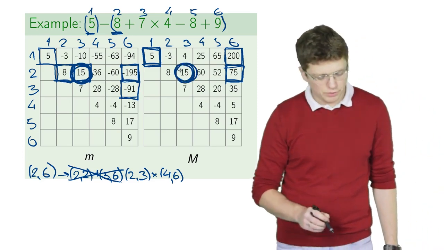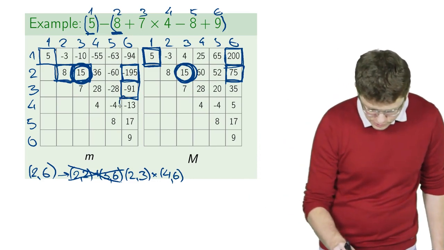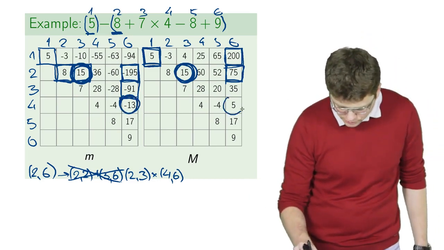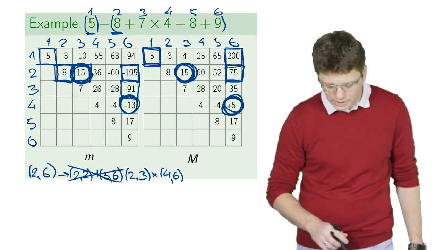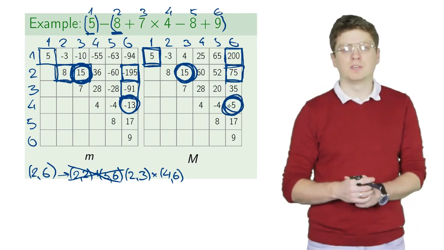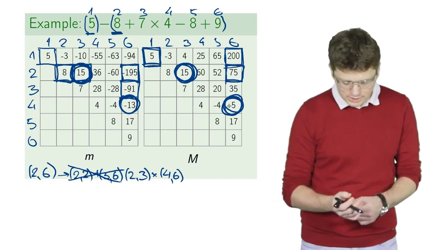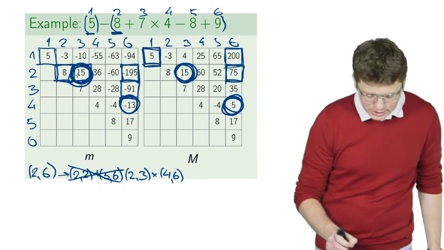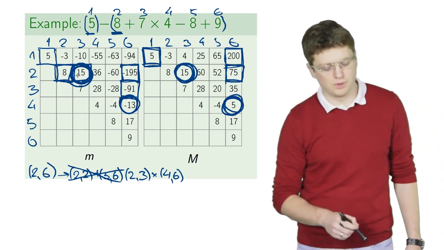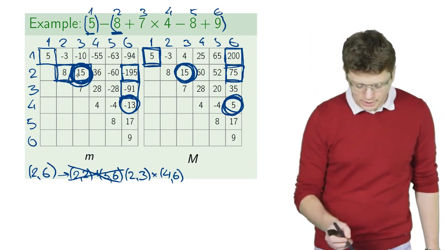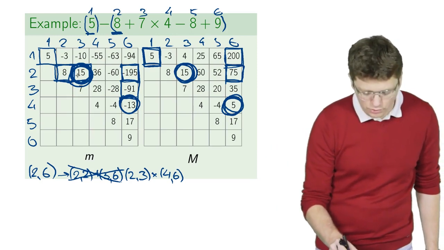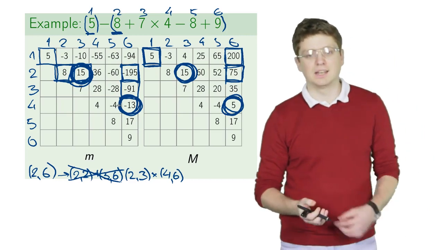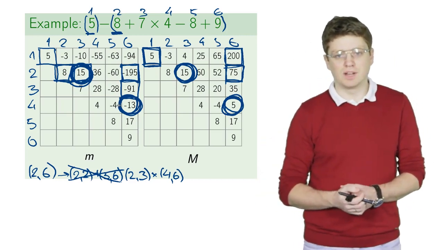As to sub-expression 4,6, its minimum value is minus 13. Its maximal value is 5. And we would like the product of these two values to be as small as possible. Well, it is not difficult to see that if we take 15, which is the minimum value of sub-expression 2,3, and multiply it by the minimum value of the sub-expression 4,6, which is minus 13, then we get exactly minus 195.